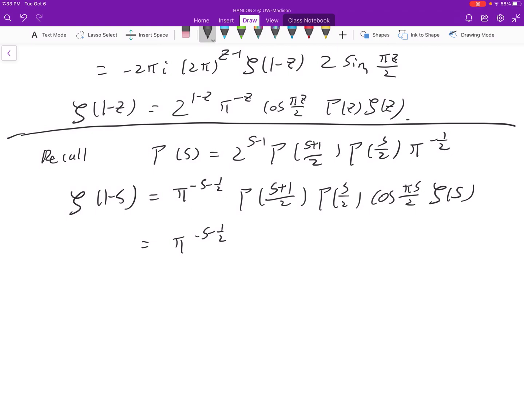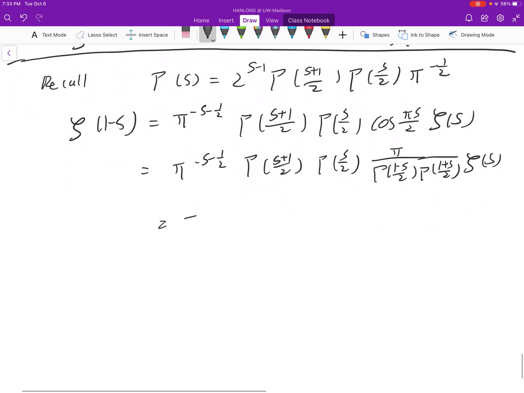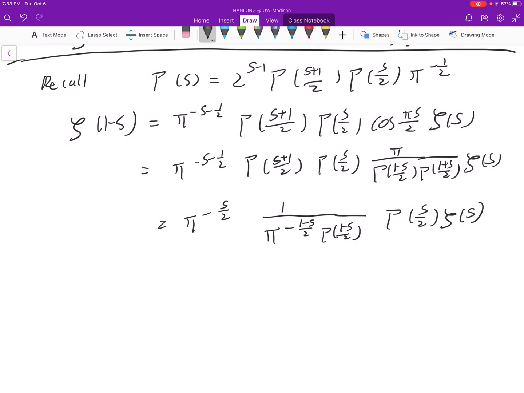Use the formula for cos(πs/2): this is π over Γ((1−s)/2) Γ((1+s)/2) ζ(s). Okay, then it's π^(−s/2) over π^(−(1−s)/2) Γ((1−s)/2) Γ(s/2) ζ(s).